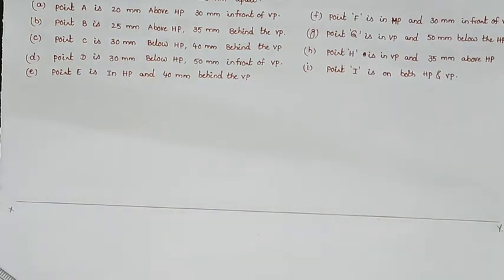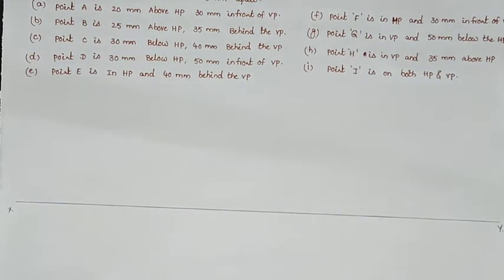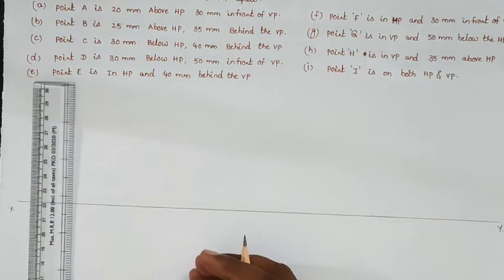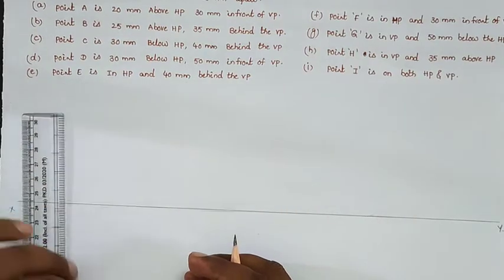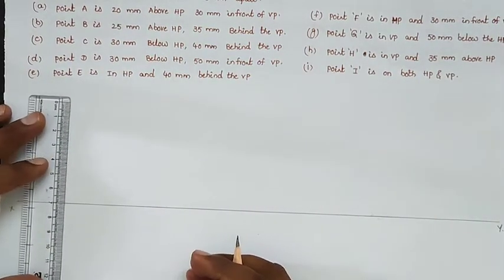After drawing the common reference line, first of all I am solving the first problem. Point A is 20 mm above HP and 30 mm in front of the VP. The point A is in the first quadrant. We will draw the projections. Above means above the reference line. In front means below the reference line. So in the first quadrant, above the reference line we will get the front view.